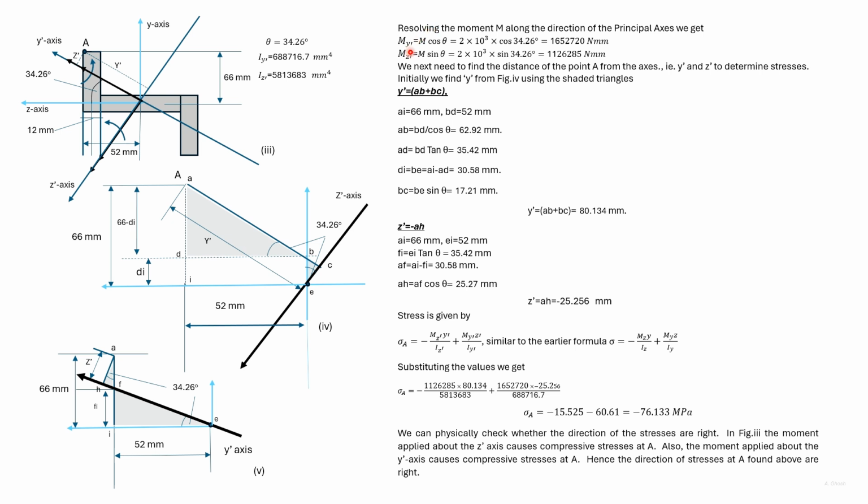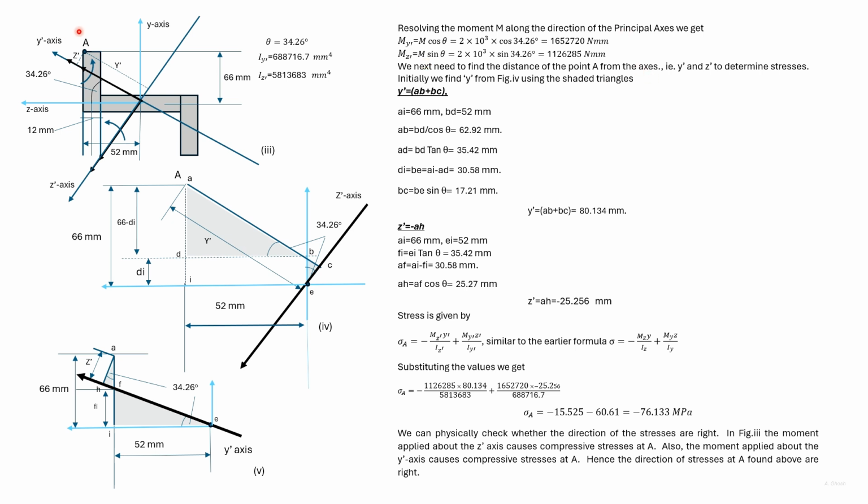My dash is M cos theta. Mz dash is M sin theta. In both these cases, the direction of the moment vector coincides with the direction of the axis. Hence, both the moments found, My dash and Mz dash, are positive.